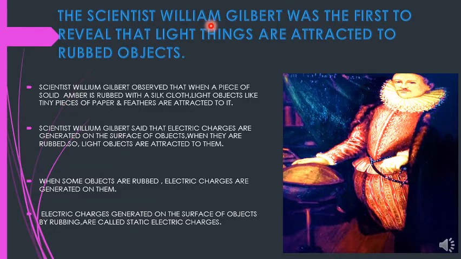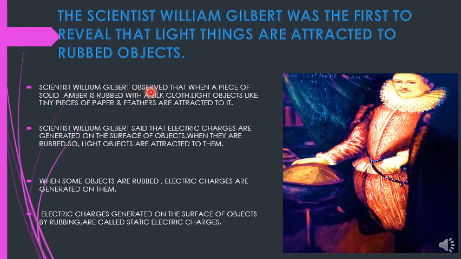The scientist William Gilbert was the first to reveal that light things are attracted to rubbed objects. Light things, now guys, means things which are not heavy, like tiny pieces of paper and feathers.